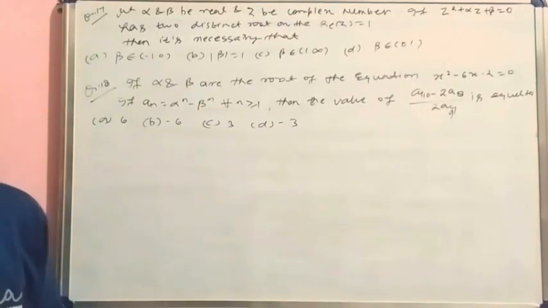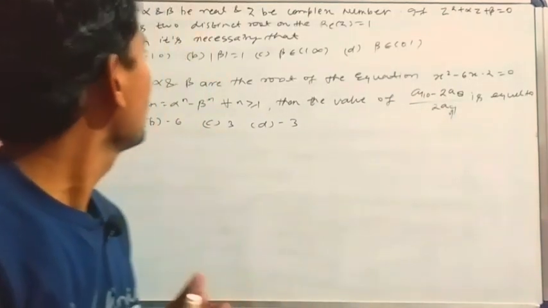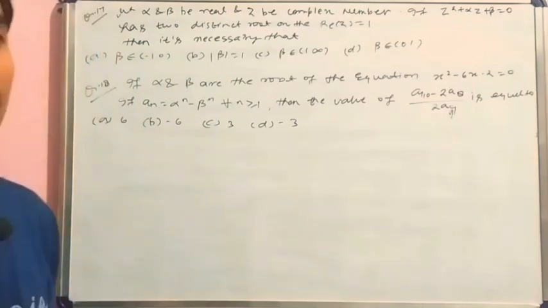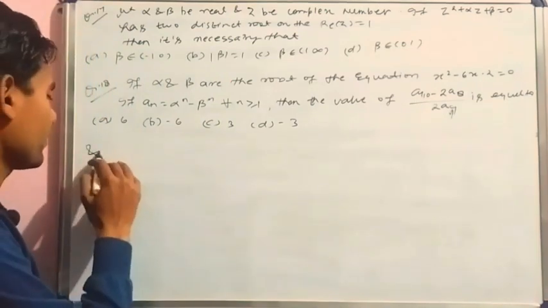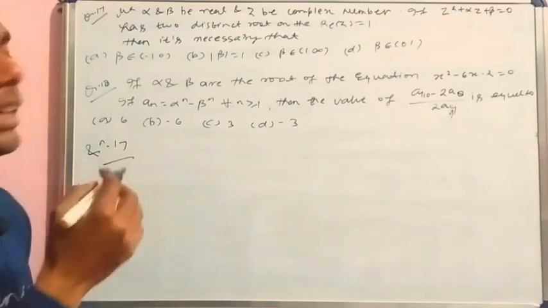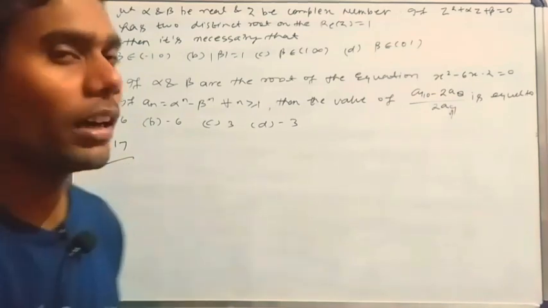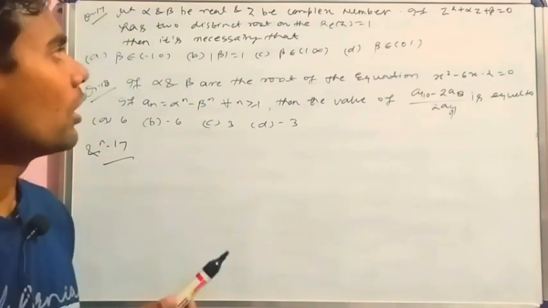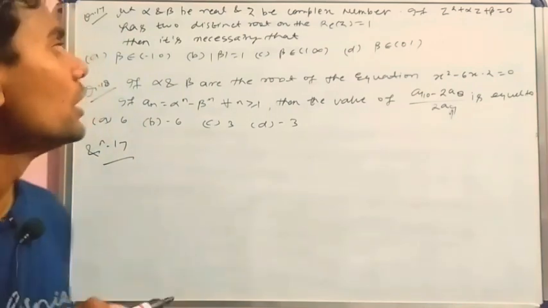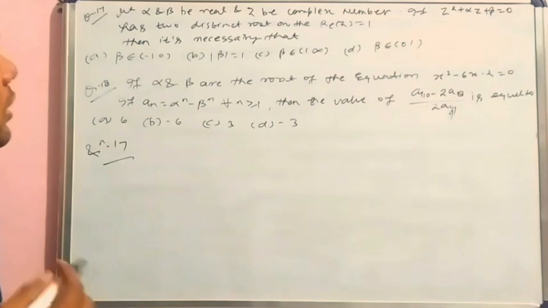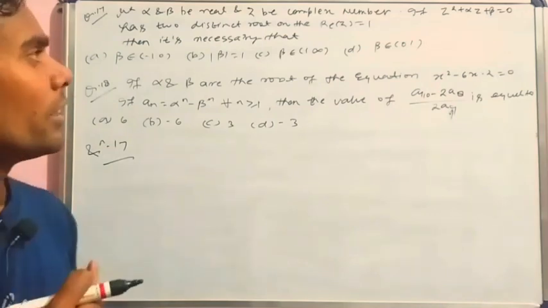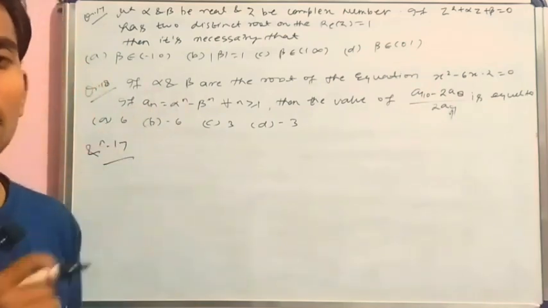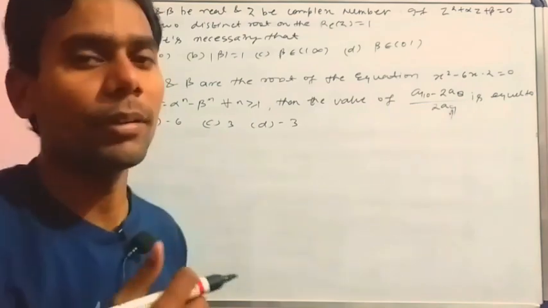Now question number 17. If alpha and beta are real and z is a complex number, and z² + alpha z + beta has two distinct roots, the real part of z is equal to 1 is given.